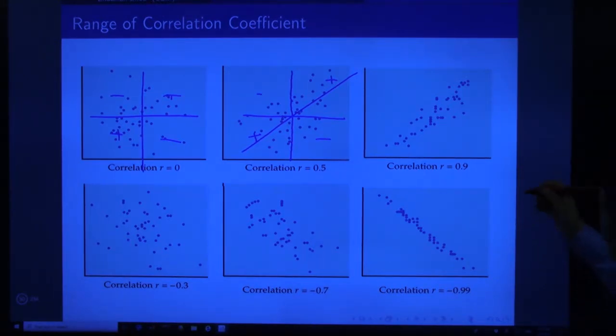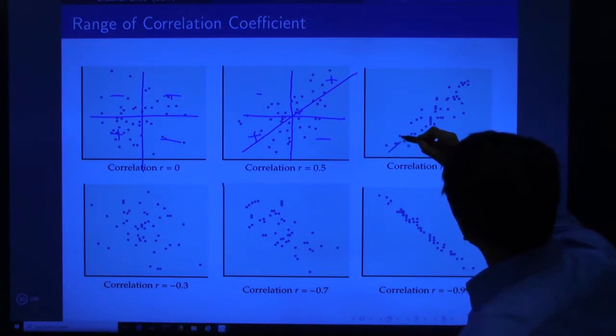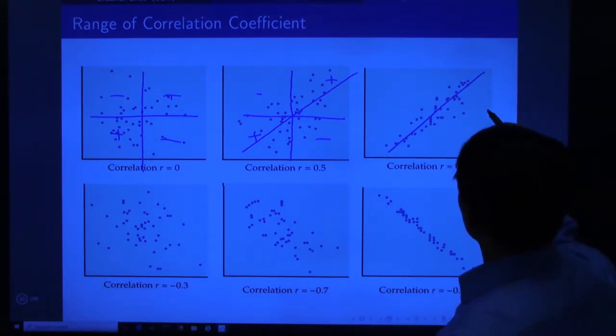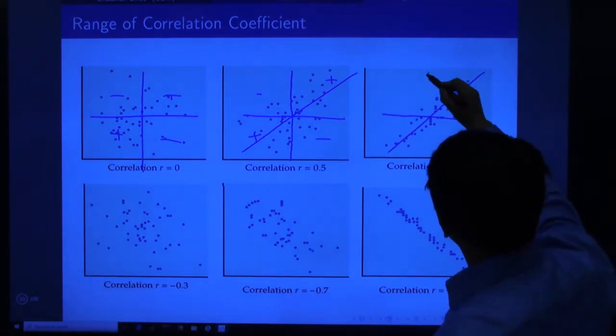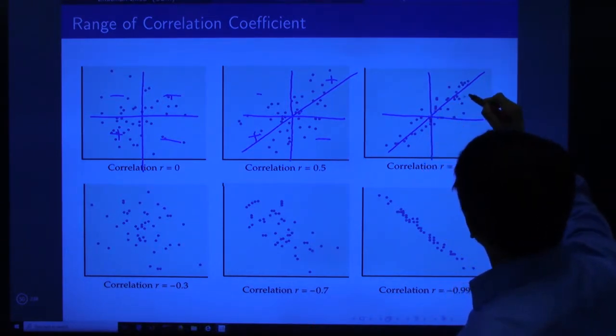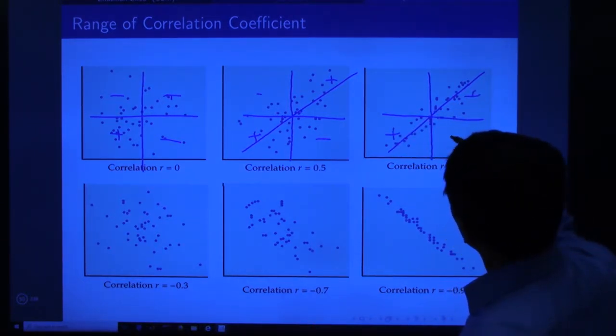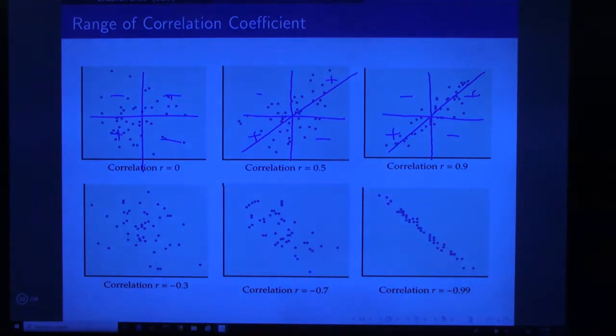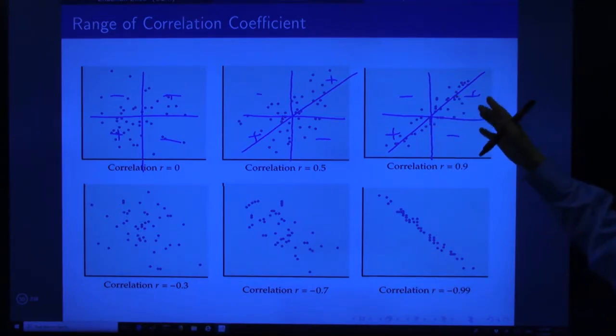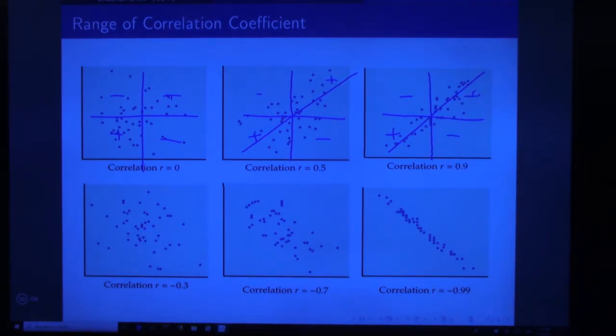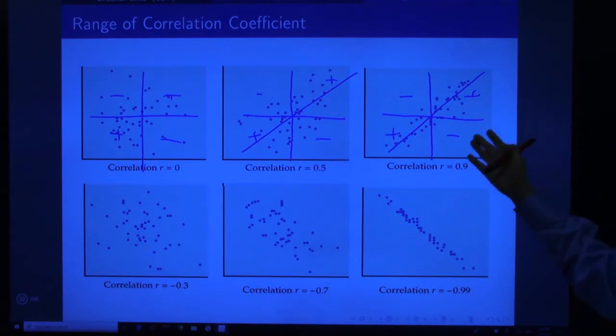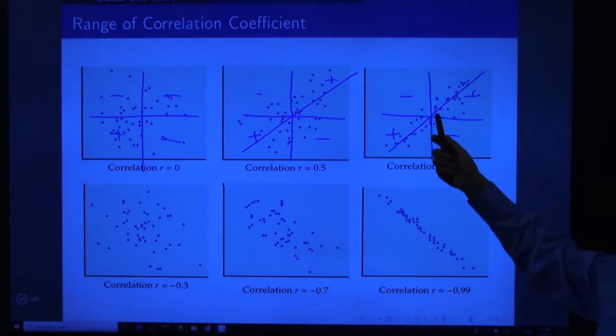In the next example, the form is still linear and the direction is positive. If we calculate this, we have many more positive products here, here, here, and much fewer negative ones in the fourth and second quadrants. So we can expect the sum of all these z-score products to be very positive, and divided by n-1, very close to 1.